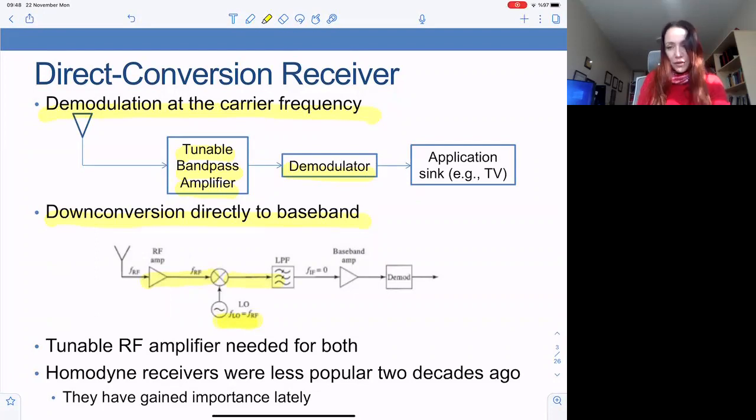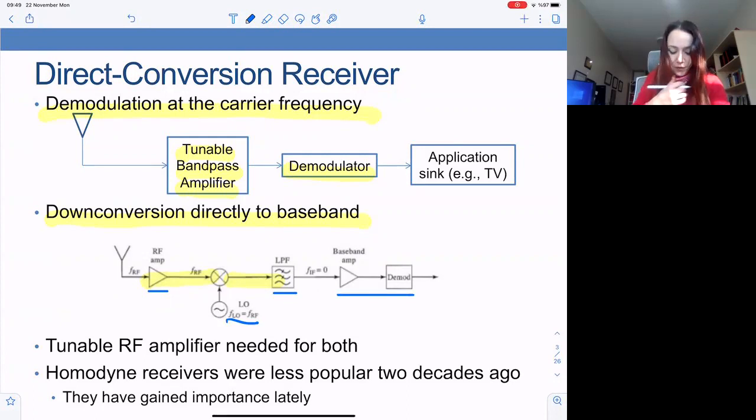Now, there are problems with this as well, because the local oscillator frequency has to be equal to the RF frequency, and that requires an amplifier front end that operates at a rather high center frequency. The result, of course, is in baseband, so you can low pass filter it and then process it further, feeding into the demodulator.